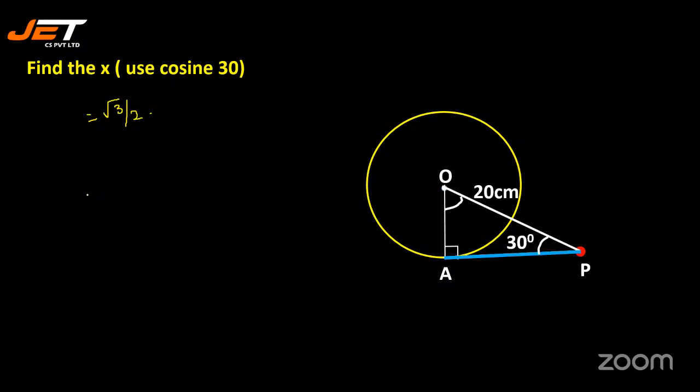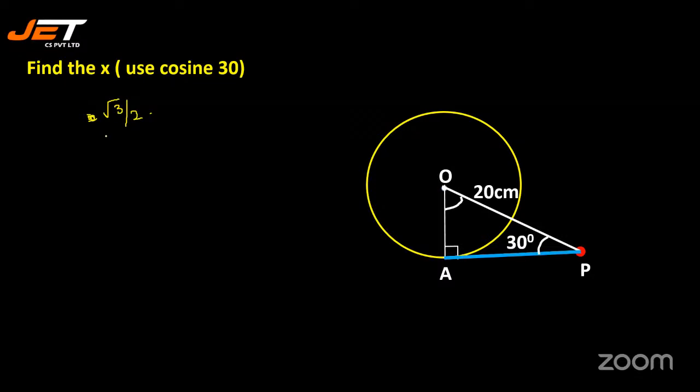Okay. All right. So now with this, we'll be able to do, isn't it? So the value of x is this. So it is root 3 by 2.